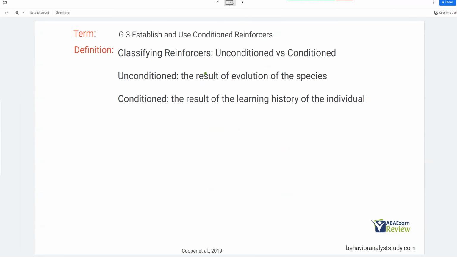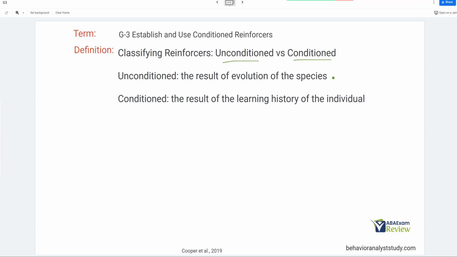So to start, classifying reinforcers. Think about two types of reinforcement. We have unconditioned and we have conditioned. It's very simple. Unconditioned reinforcement is the result of the evolution of the species over hundreds and hundreds of years.